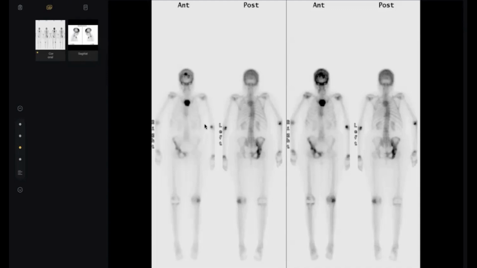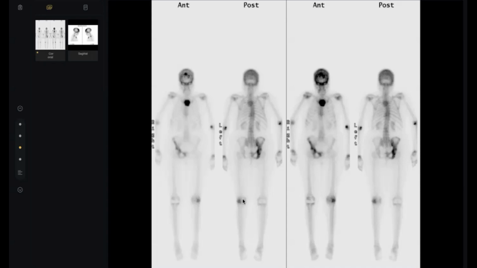I can see both renal uptake, so this is not a super scan. And there is also increased uptake in the left knee. Don't worry, this is degenerative, or there is something in the joint.